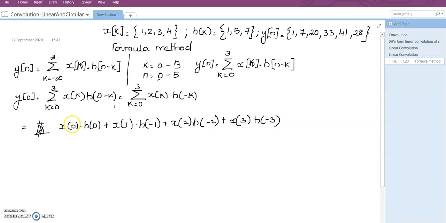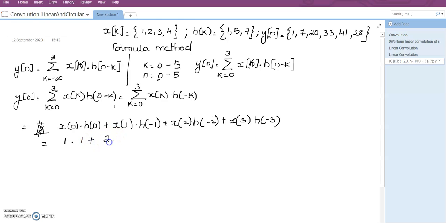Now when we compare these signals, our values for x of 0 will be 1, h of 0 will be also 1, which can be understood from here. So this is h of 0, this is x of 0, x of 1, x of 2 and x of 3. This is h of 0, h of 1 and h of 2. So h of 0 is 1. So we complete this term.